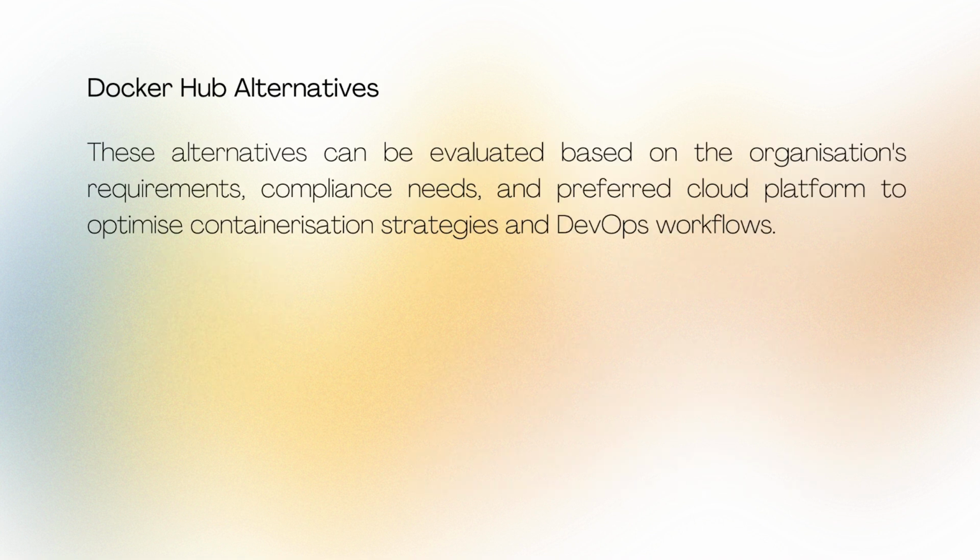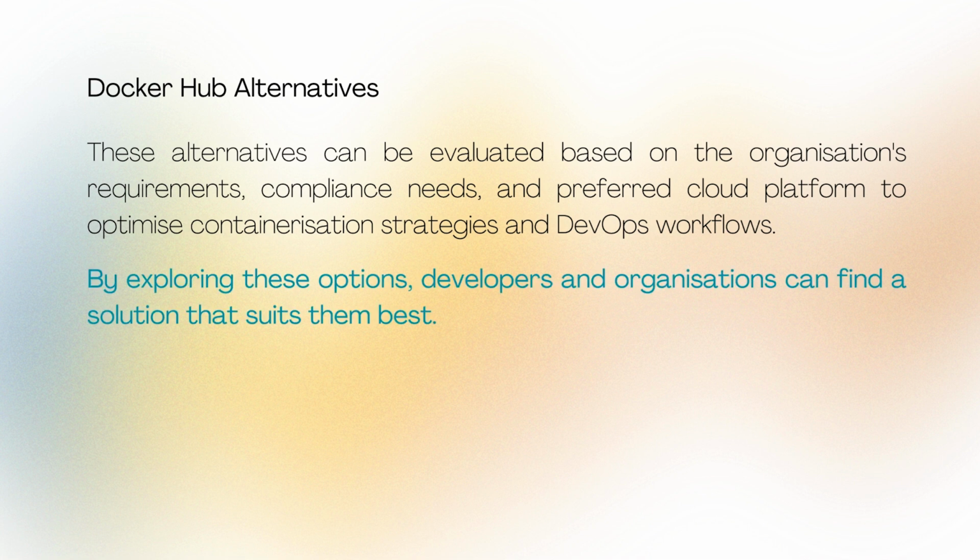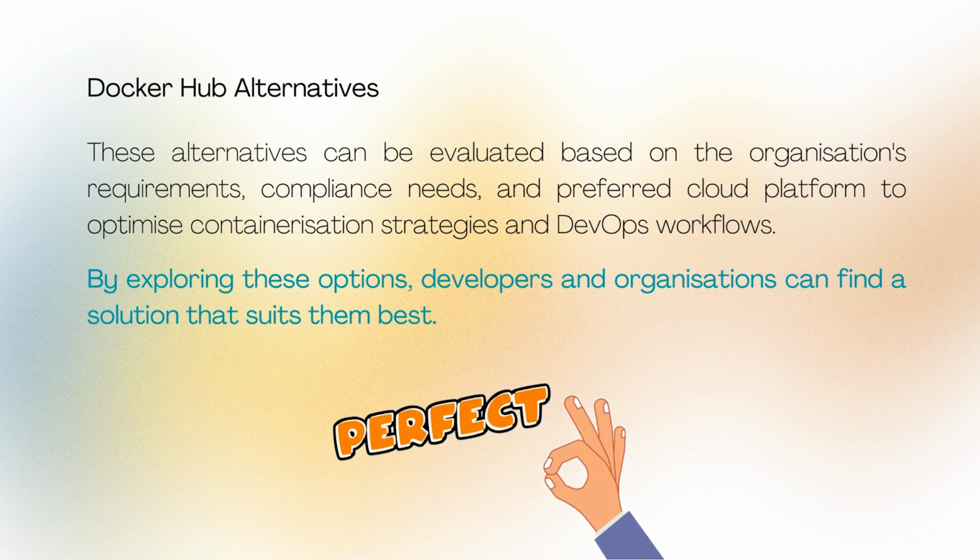These alternatives can be evaluated based on the organization's requirements, compliance needs, and preferred cloud platform to optimize containerization strategies and DevOps workflows. By exploring these options, developers and organizations can find a solution that suits them best.